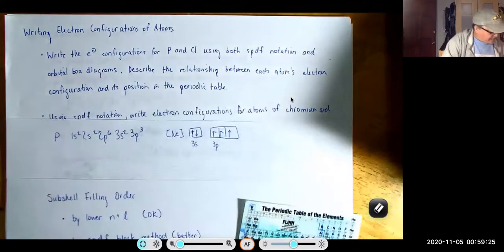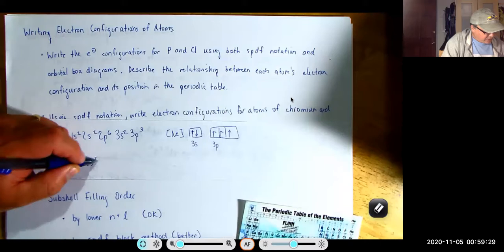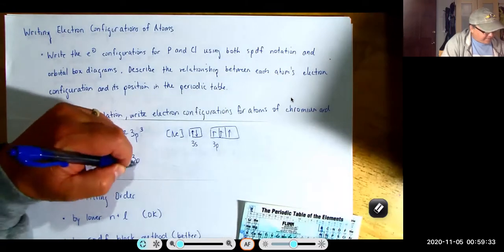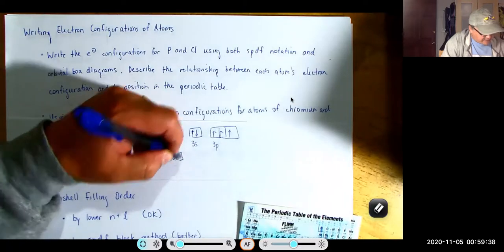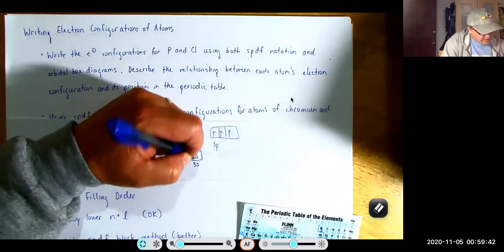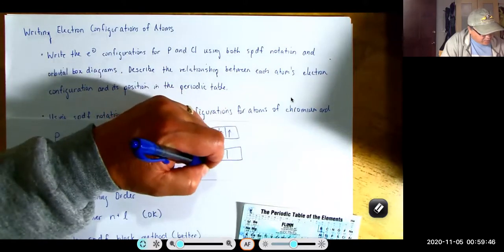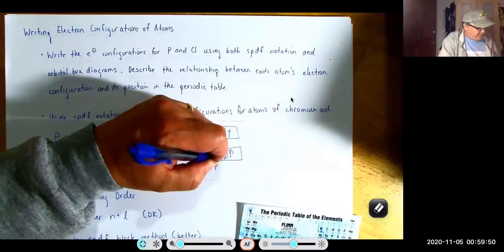And if we look at chlorine, it would be 1s2, 2s2, 2p6, 3s2, 3p5, and we would have neon, 3s2, and we would have 3p, 1, 2, 3, 4, 5.